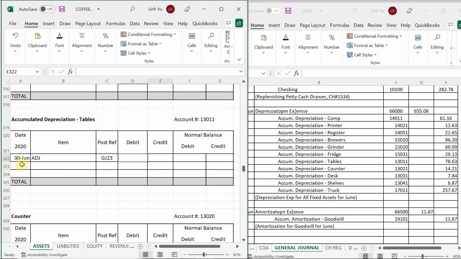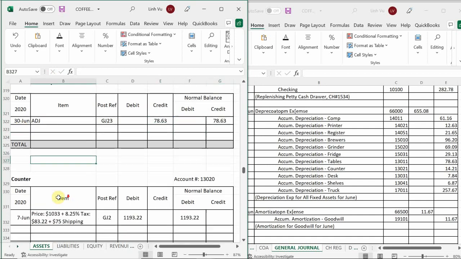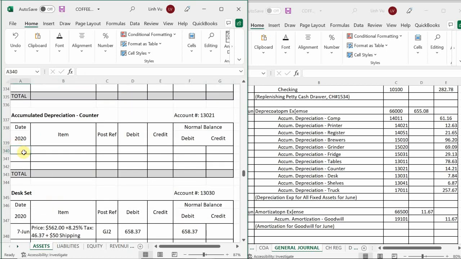Right, which gave us a credit for $78.63. And then our accumulated depreciation for the counter gave us a credit for $14.21.